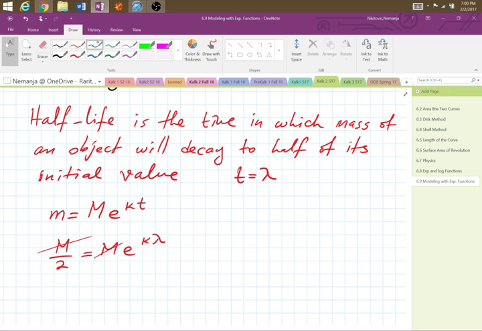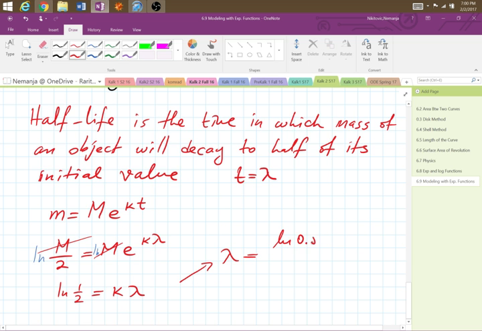You apply ln to both sides, in which case we come up with the formula ln of 1/2 is equal to k lambda, from where you can either solve for lambda as ln of 0.5 over k, or you can solve for k, depending what you need, ln 0.5 over lambda. So if you have half-life given, you can find k. If you have k given, which is possible, you can find what the half-life is.